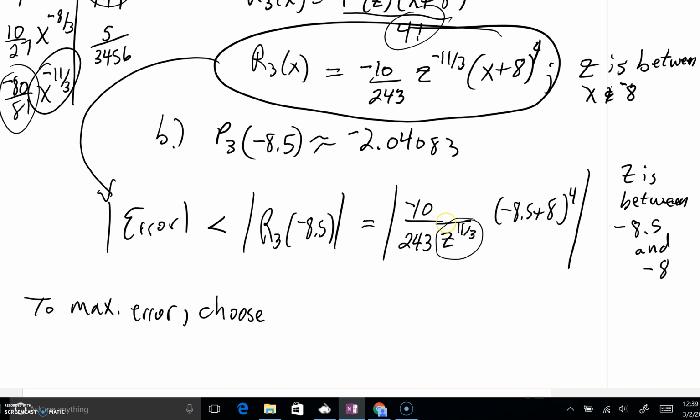Z is in the denominator. And guys, the smaller your denominator is, the larger your fraction is. So I'm going to choose z to equal negative 8, so the denominator is as small as possible.